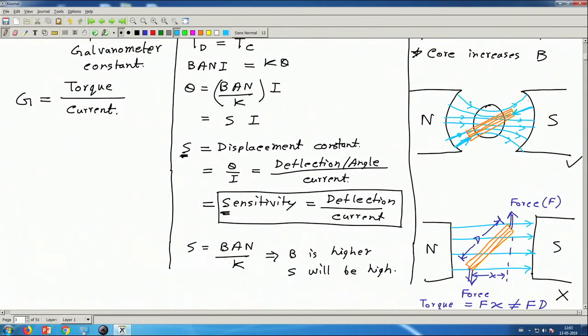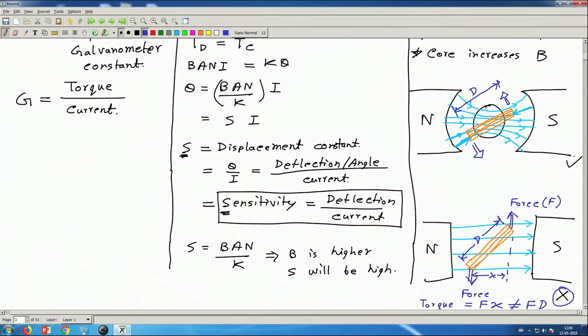So, these flux lines are radial, which means it is always along the coil, and therefore, the force will be in this direction. And then the perpendicular distance between the two forces is still the diameter d, and this is always d irrespective of the angle of this coil. Here it is not so. So, this is generally not used. This is the situation which we have in our ammeters.